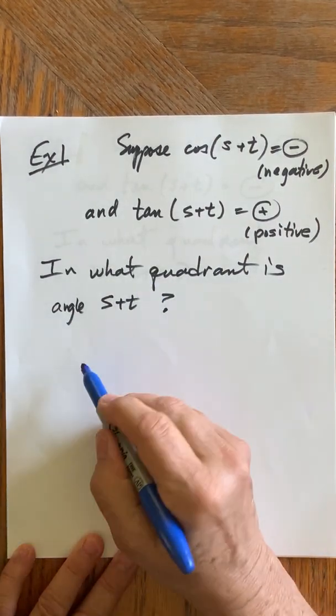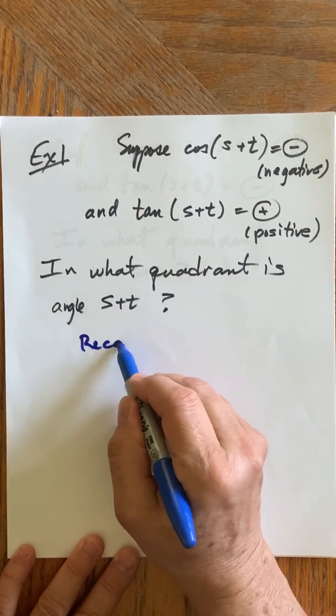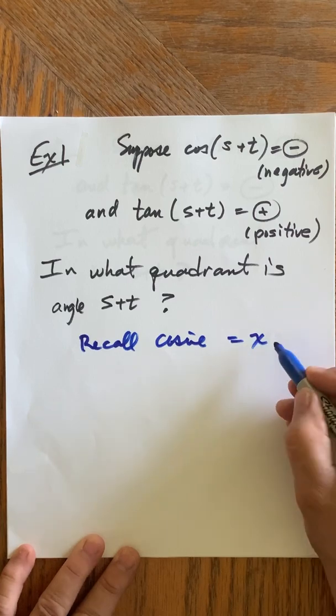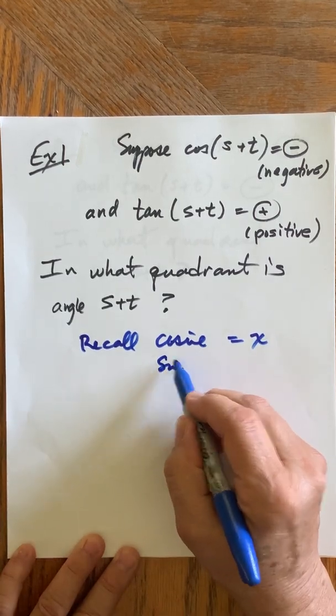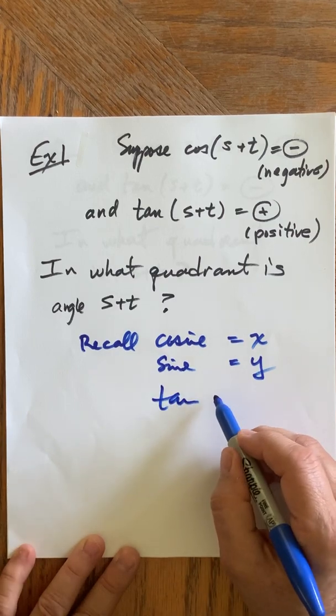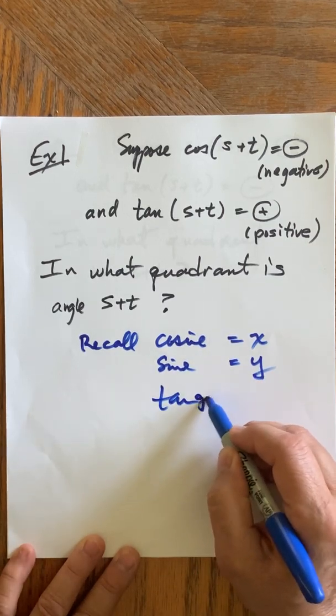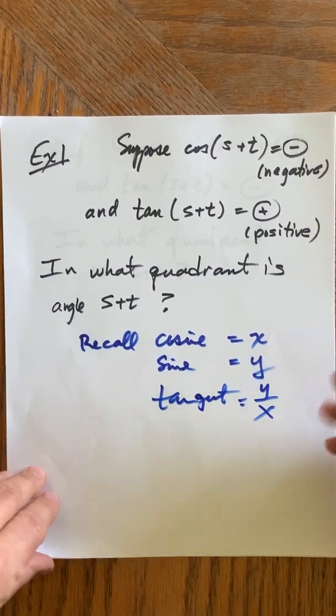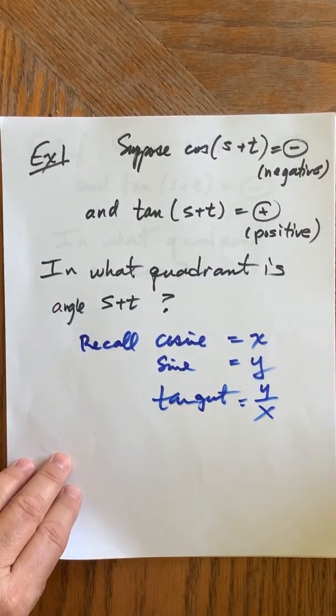So just recall that cosine is the x coordinate. Sine is the y coordinate. And tangent is the ratio of y over x. You need to know that. I'm assuming we're on a unit circle, so it's x over r, but r is 1.